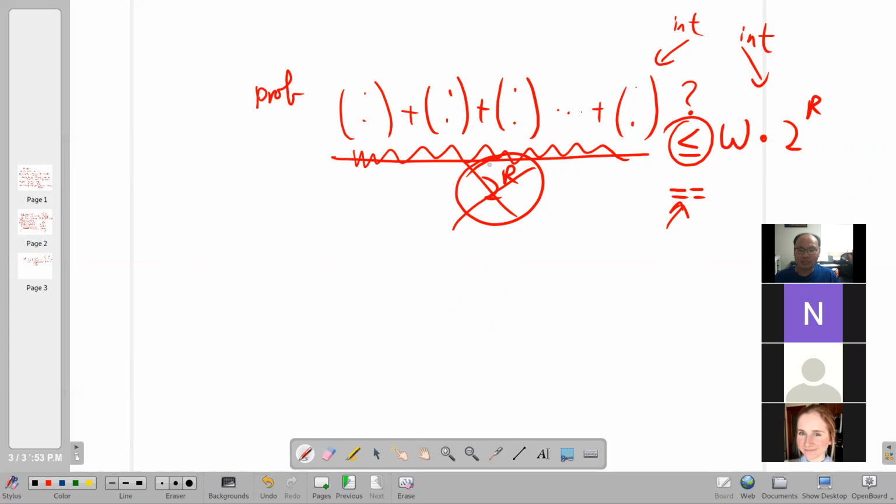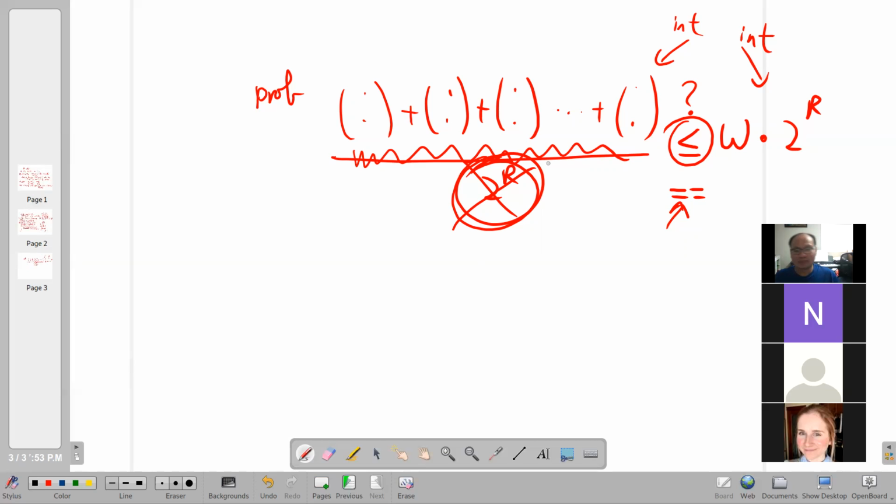Now, it turns out that dividing by 2 to the r is actually completely safe. You can do the division, get the floating point, and you'll never get a round-off error, because of the way floating point numbers are represented in computers, multiplying and dividing by powers of 2 will not introduce any rounding error.